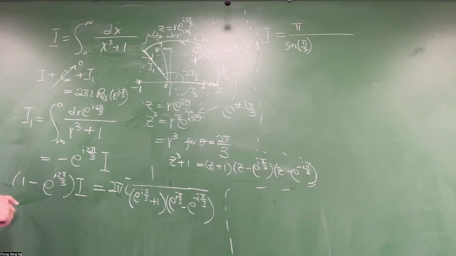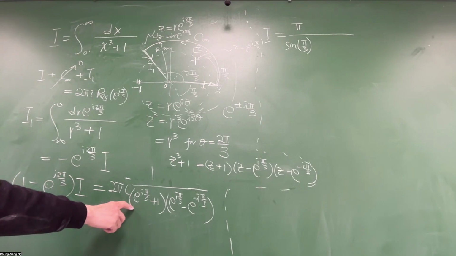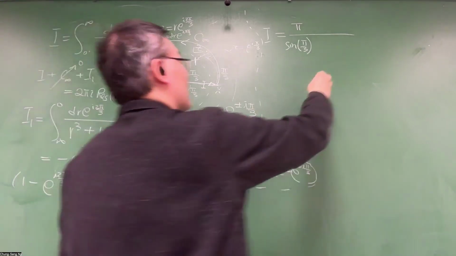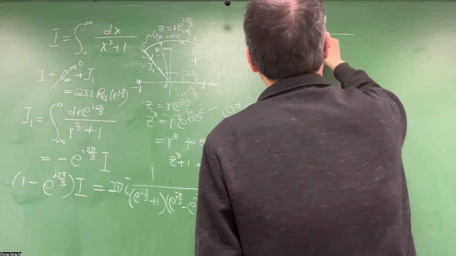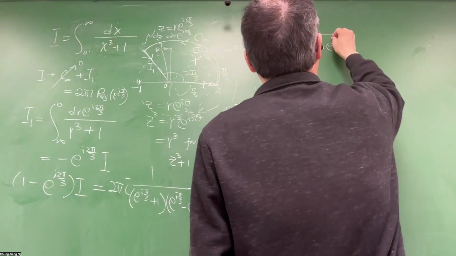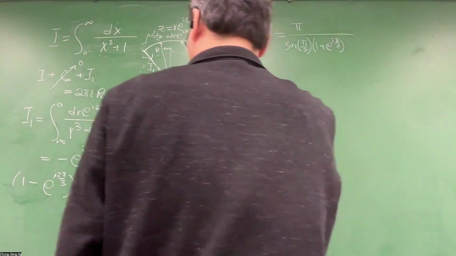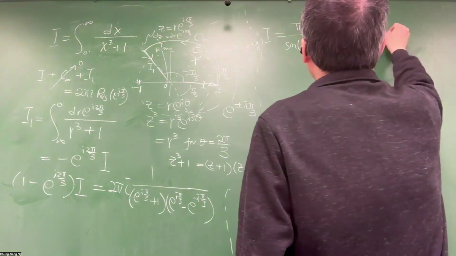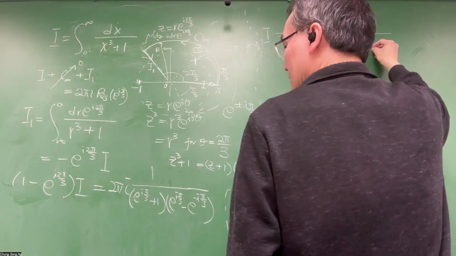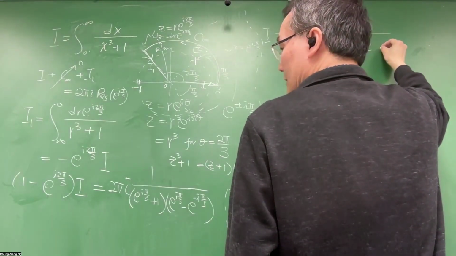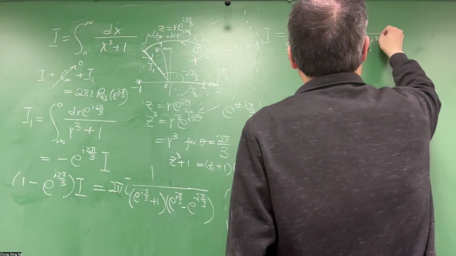All right, it's getting there. And now we need to divide this factor to this side. Let me see. So you have this factor plus e to the i this here, and then 1 minus e to the i 2 pi plus e.